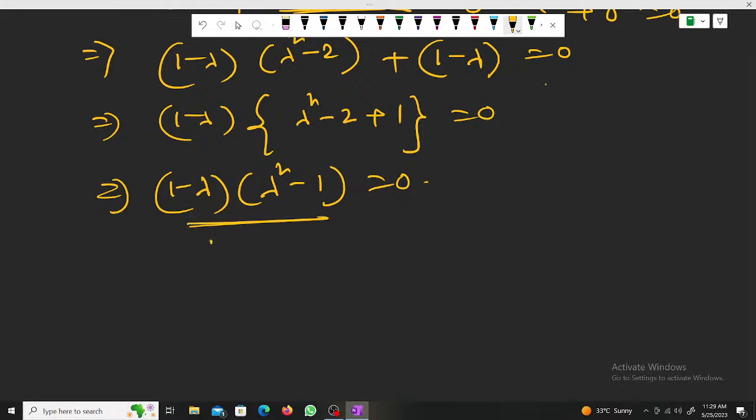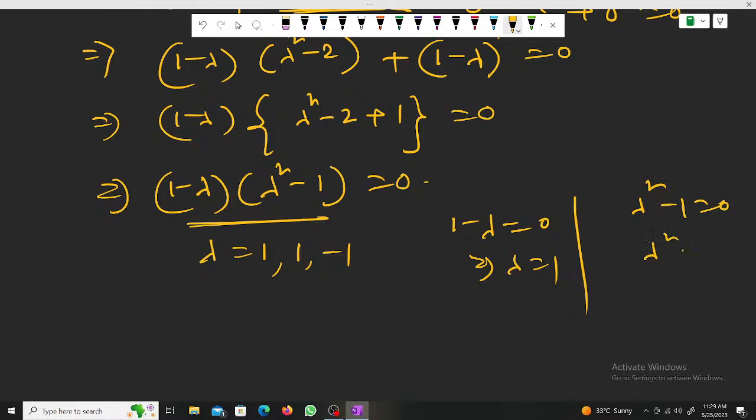In this case, lambda equal to 1, comma, minus 1. Well, if this 1 minus lambda equals to 0, which implies lambda equals to 1. Now when this term lambda square minus 1 equals to 0, that means lambda square equals to 1 and lambda equal to plus minus 1.